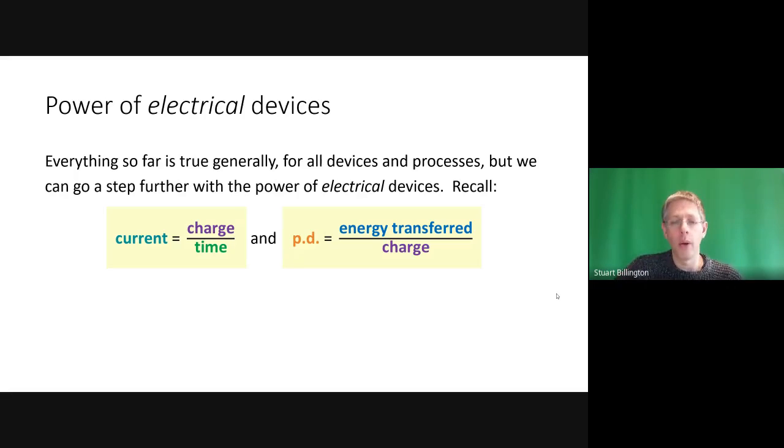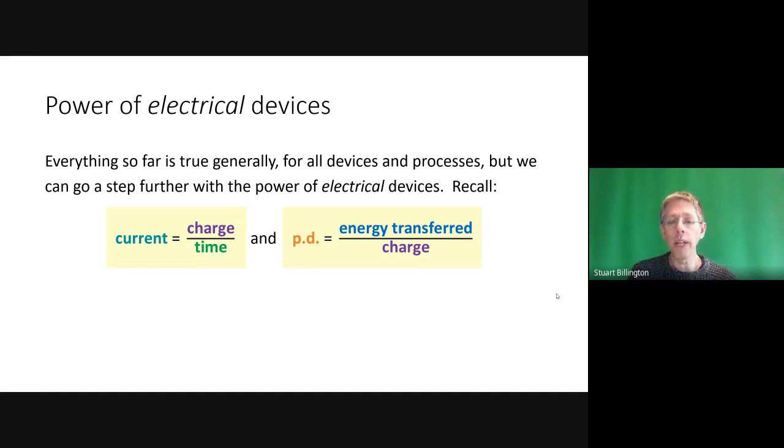So we know that the energy transferred is related to the potential difference. And we also know that the time is related to the current. Now, that blue words and that green words, those are the two components of power, the energy transferred per time.